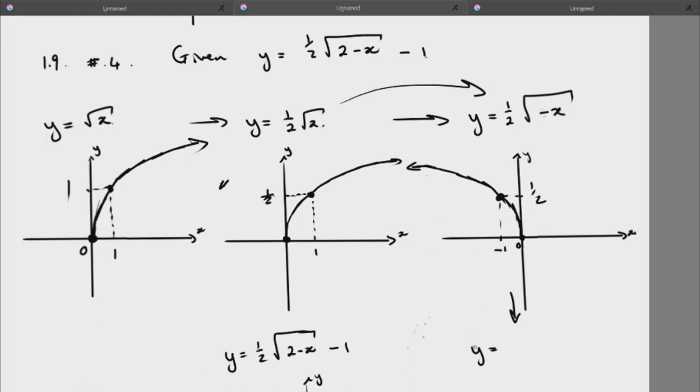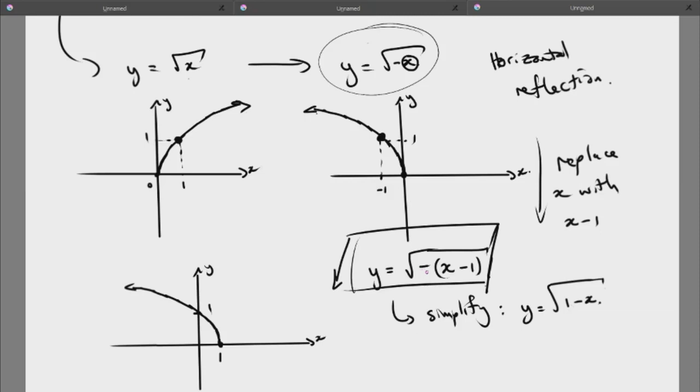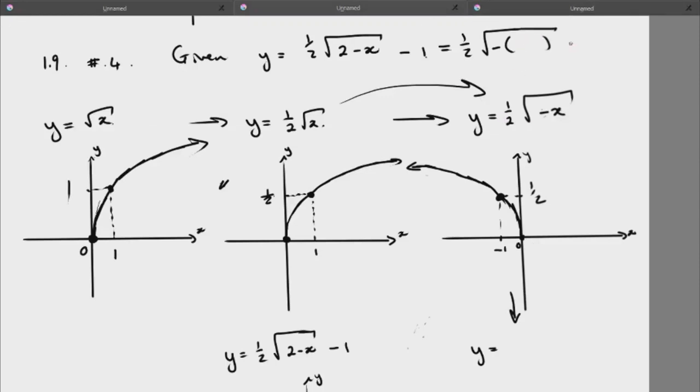Now, how do I shift this? I want to guess. I can rewrite this inside the square root by taking out a minus and making it look like this one. Here I saw exactly it was replacing x with x minus 1. They're trying to hide it from me. So what is it going to be in this case? It's going to be x minus 2.